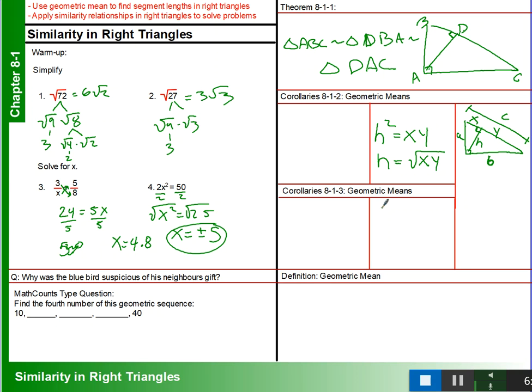So what it's saying is a squared is going to be equal to c times x. The short side is equal to the segment it's adjacent to times the overall length here. Now obviously I can also say that a is equal to the square root of xc.